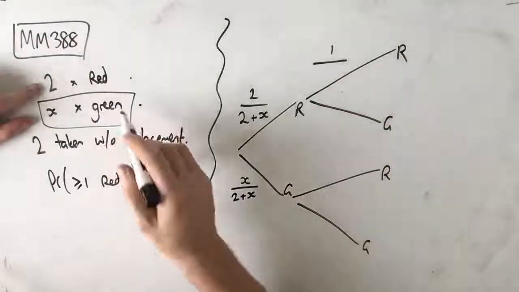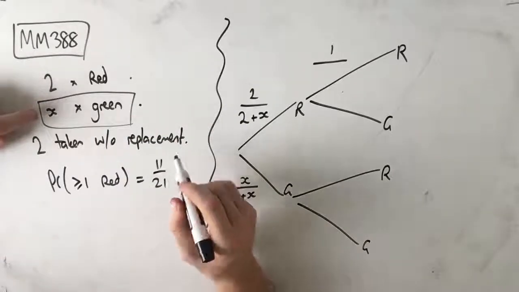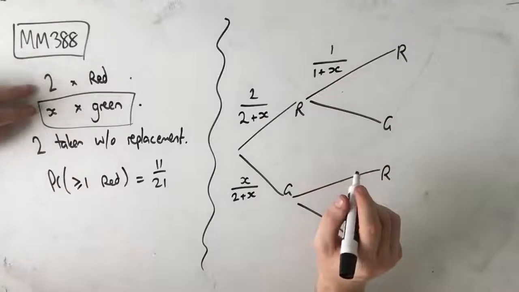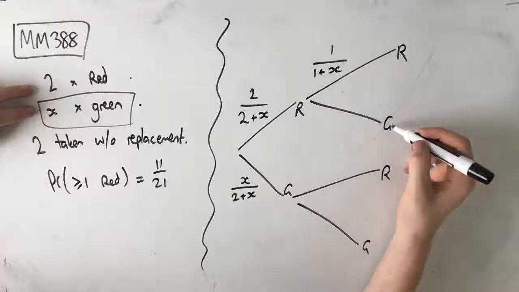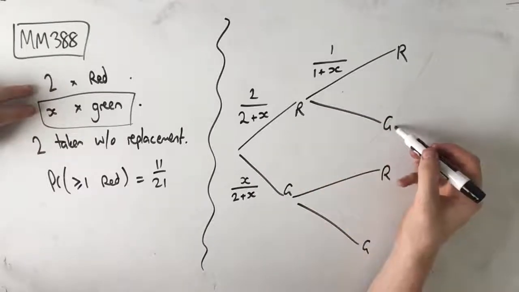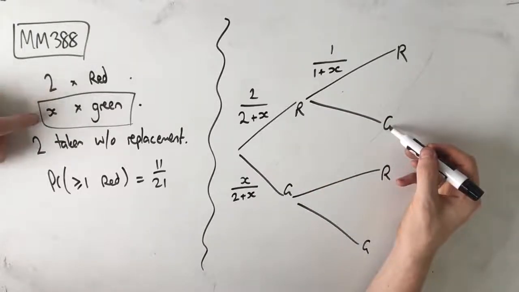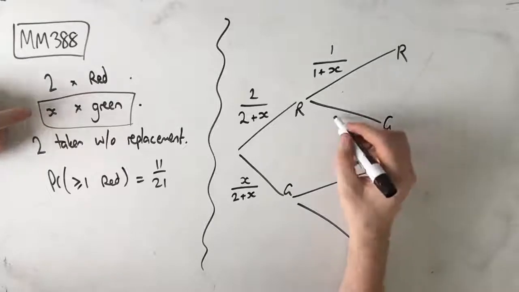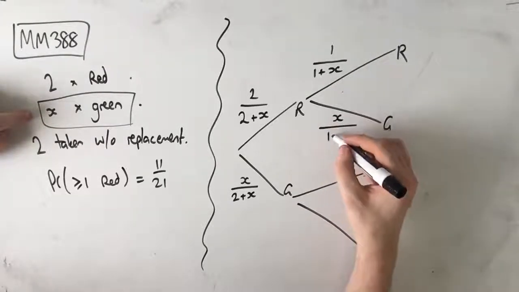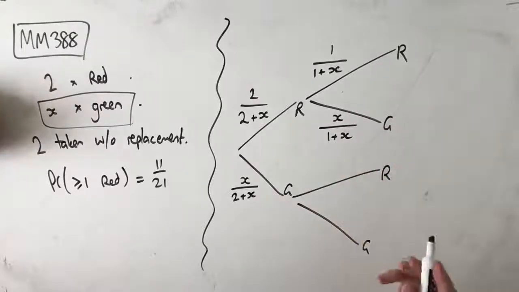We've taken out 1 red, so there's 1 red and x green, which means our total bracelets is 1 plus x. Now, for our green, here we've taken out a red, and we are now taking out a green. So how many greens are left? Well, we haven't taken out a green yet, so we still have x greens left, and our total is, again, 1 plus x, because we've taken out a red.